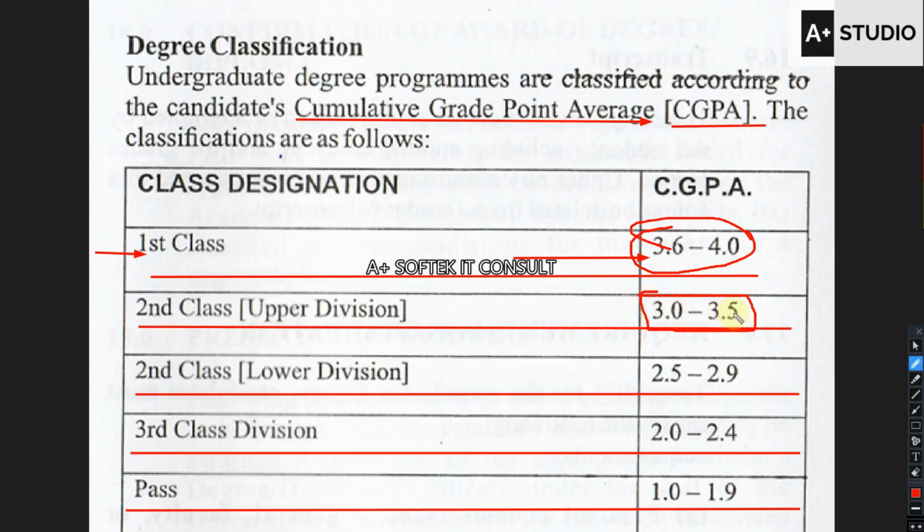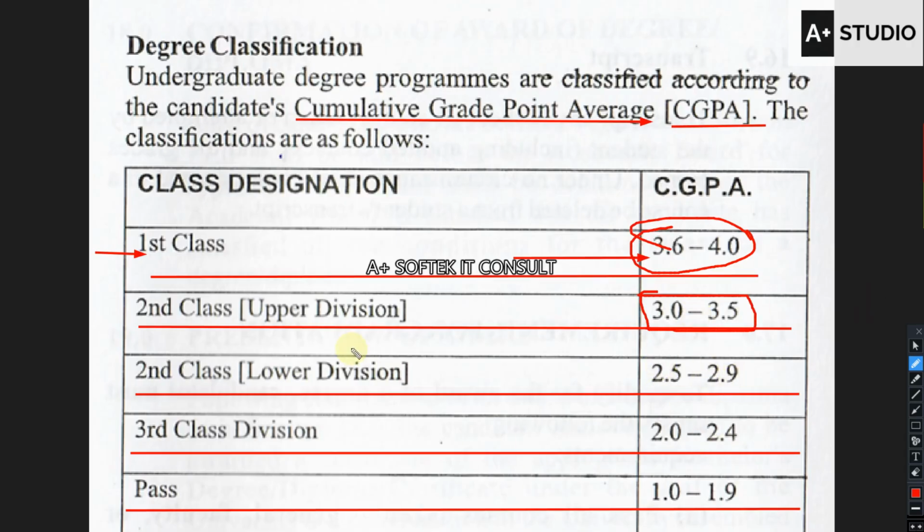What about 3.51, 52, 53? Who knows? But since it is written in their books, it shows that it is strict, meaning if you have 3.54, 55, 56, you are still in the second class upper division.